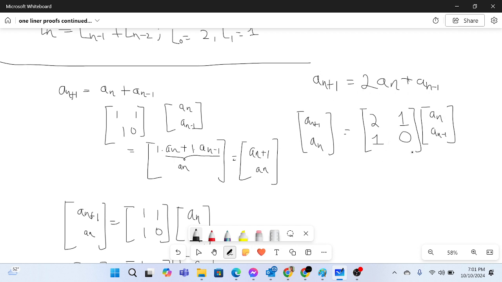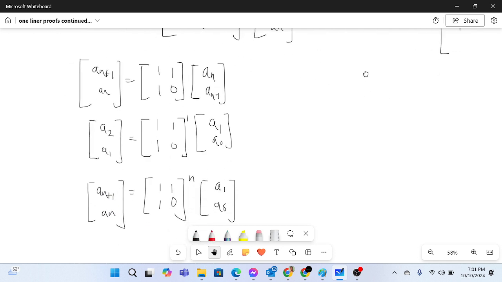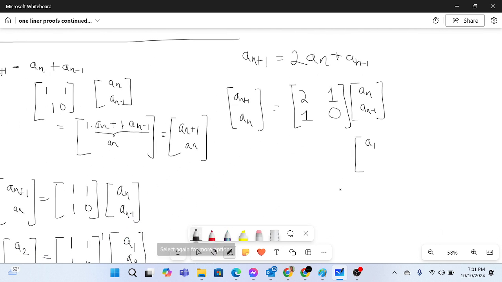Now if there is, let's say, [a1, a0], and this matrix multiplies it n minus 1 times, then at one time, if there's a1 multiplied 1 time, I will get a2, right? Multiplied 2 times, I will get a3, right?